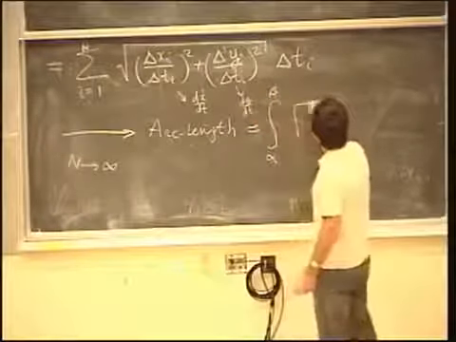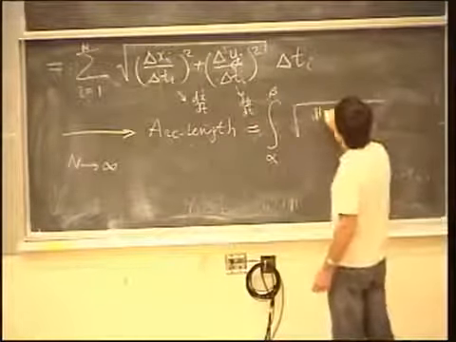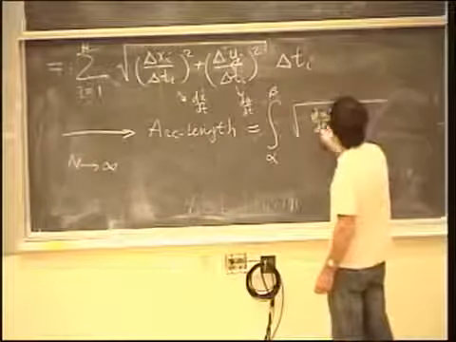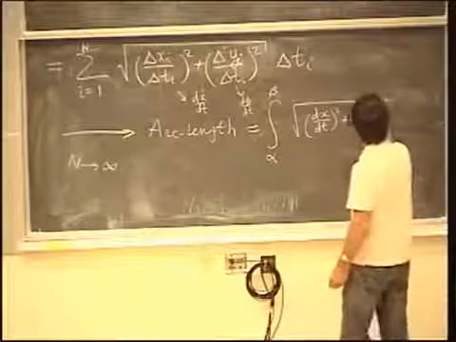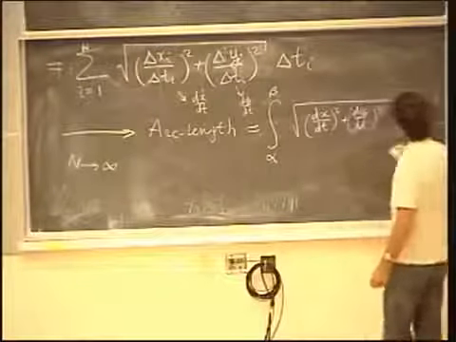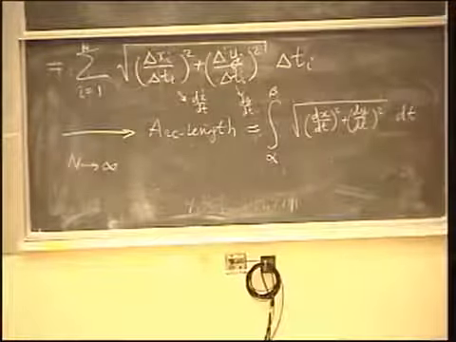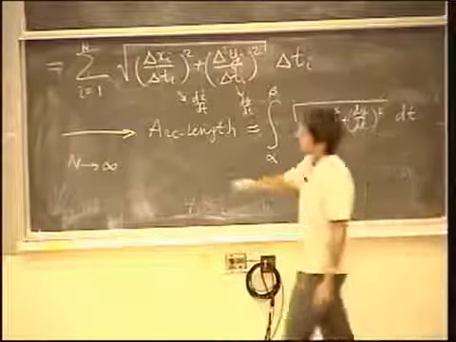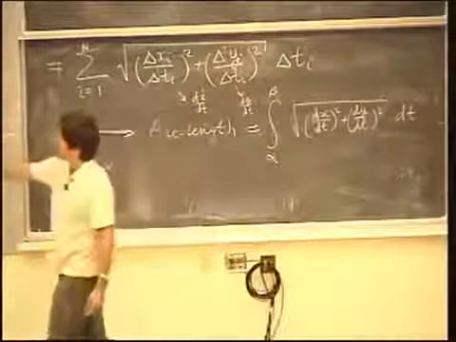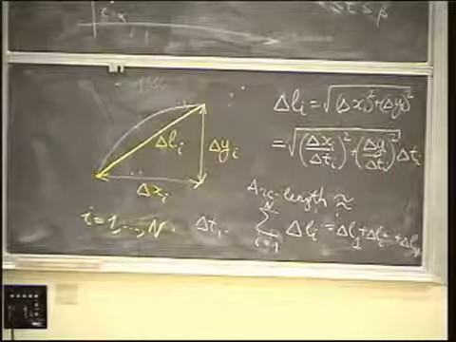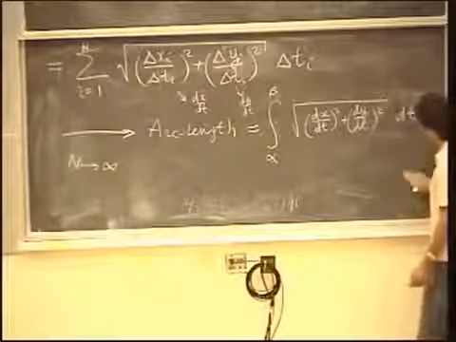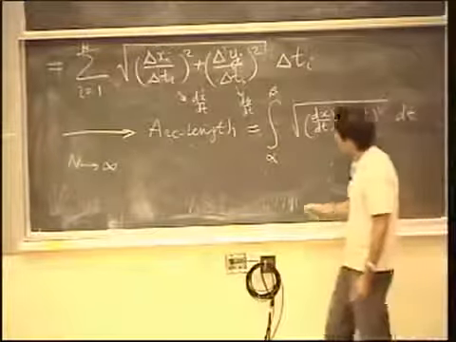So this whole thing becomes (dx/dt) squared plus (dy/dt) squared, dt. And that's the formula which I wrote down at the end of last lecture. I explained it very quickly, so I skipped these intermediate steps about summation and taking a limit. But that's the formula we get by doing this calculation.